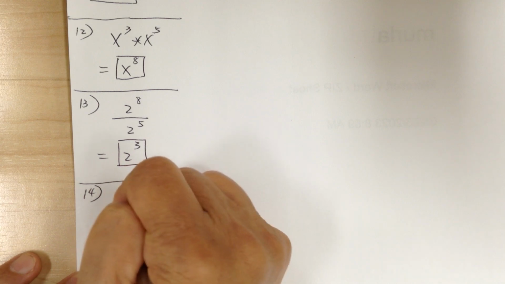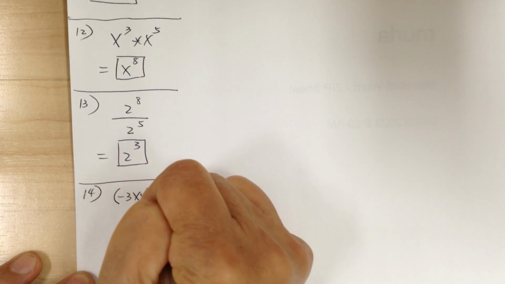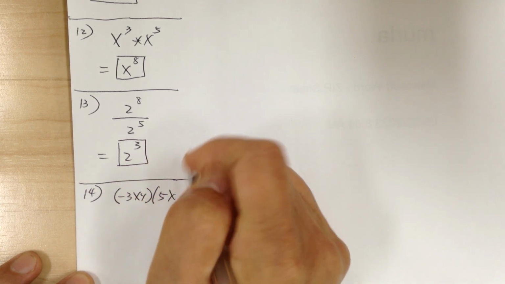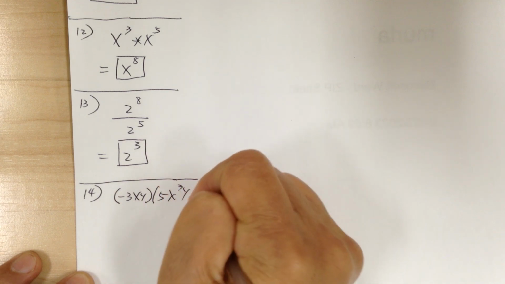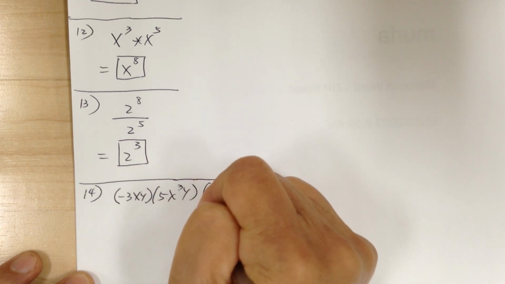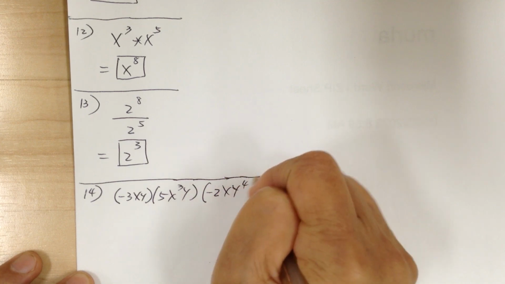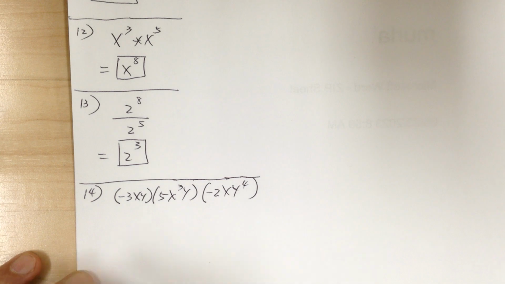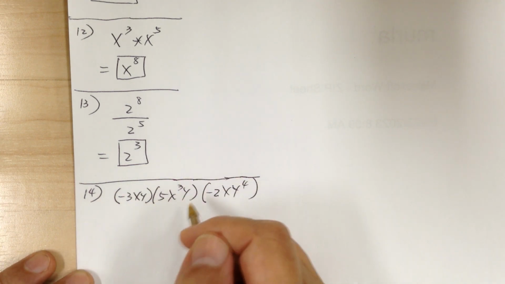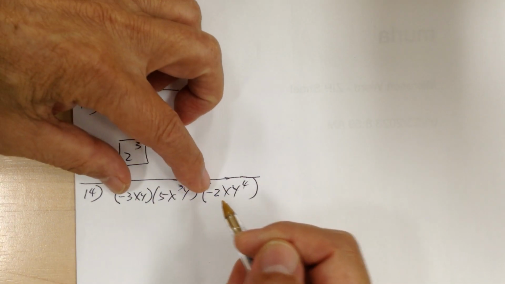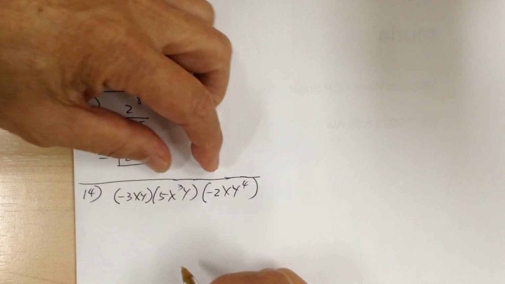Okay, you have negative 3xy times 5x^3y times negative 2xy^4. So all these are multiplications, so do not distribute. Okay, so when you multiply, you do the sign. So 2 negative will give you positive, then the number.